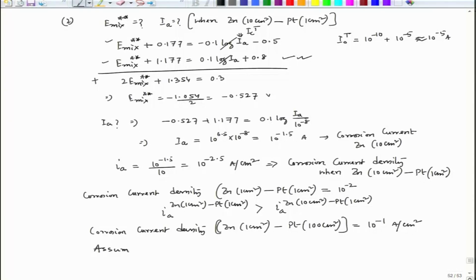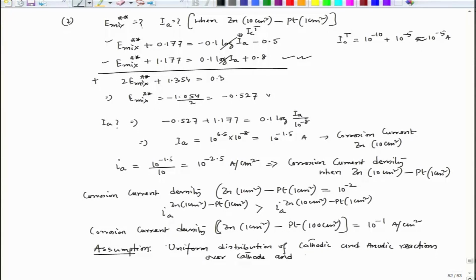This is one important assumption in all those problems: it is uniform distribution of cathodic and anodic reactions over the cathode and anode area, and we are considering uniform dissolution.